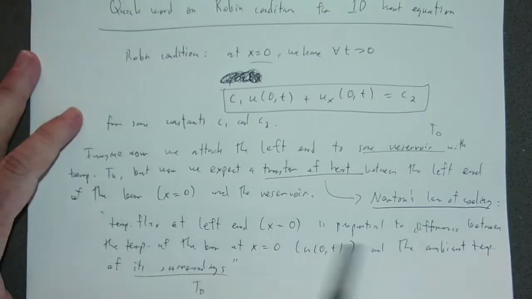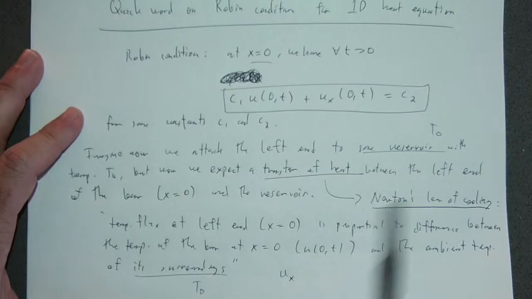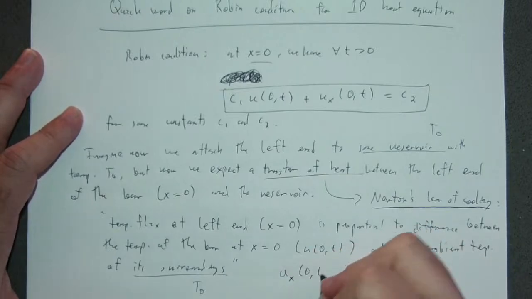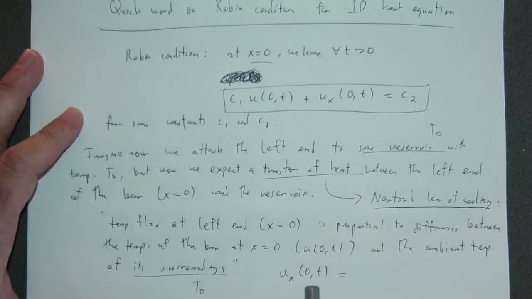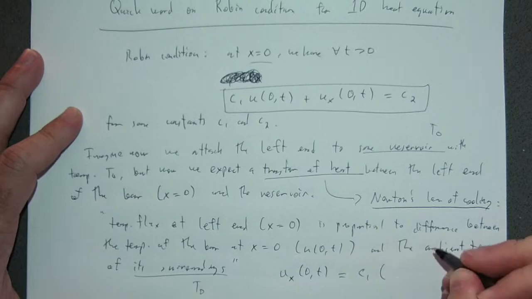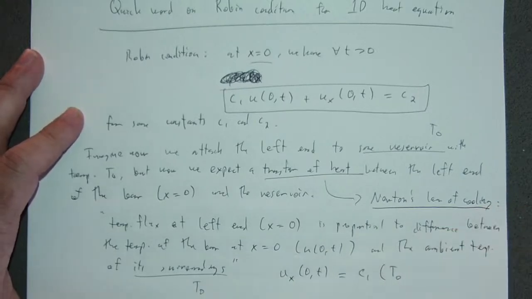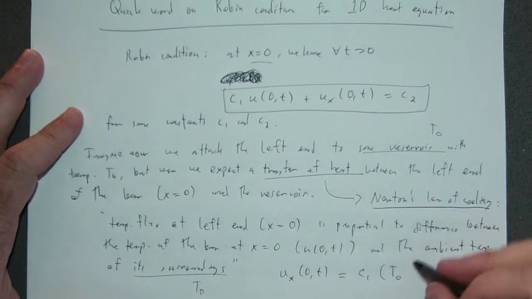In this case, rewriting Newton's law of cooling in math language, this would say that the temperature flux at this end is proportional, so it's some constant C1 times T naught, that ambient temperature, minus the temperature at the end.